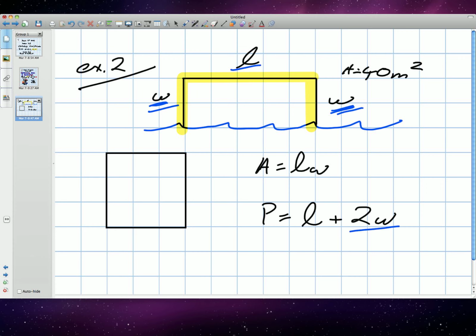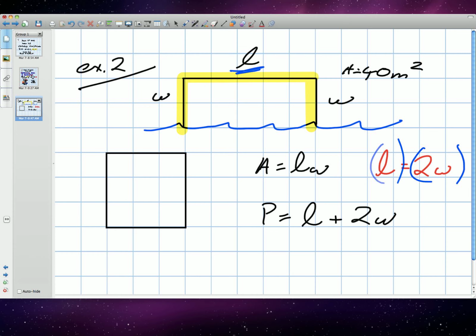Okay? Now remember, I told you the ratio that works best is if your length is equal to 2 times your width. So in other words, I can replace L with 2W, because I know that this length is going to be equal to 2 times whatever the width is going to be.